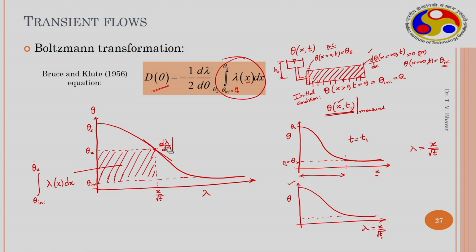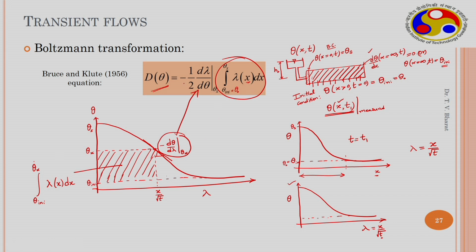So, this in fact is slope is minus d theta by d lambda at theta x, and that is what you are getting here, because the slope of this one is d theta by d lambda. So, if you inverse it, this value can be substituted into this, and this portion area is coming directly and can be substituted here.